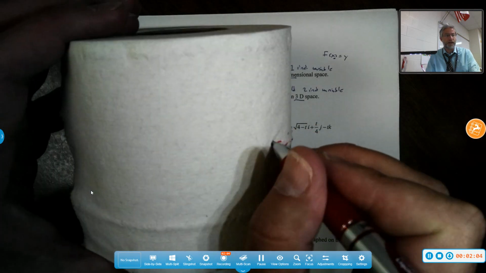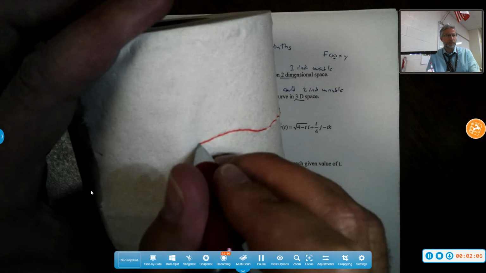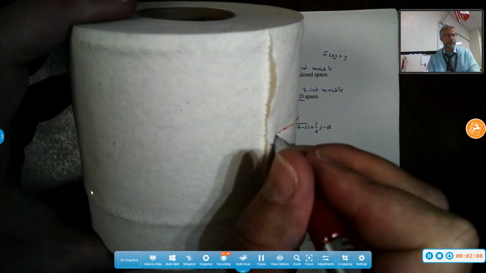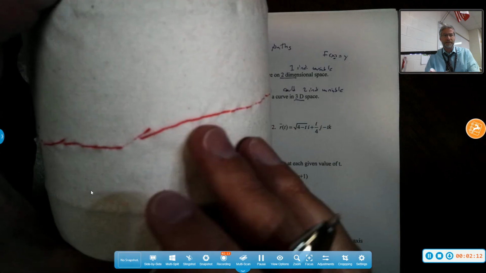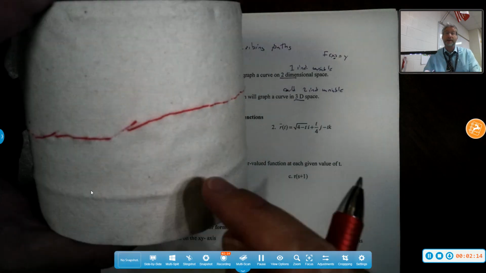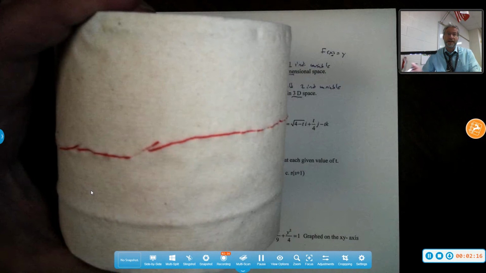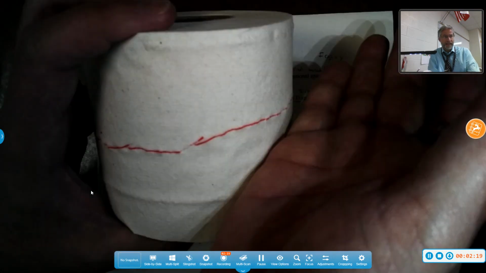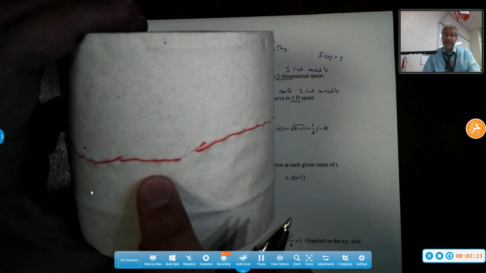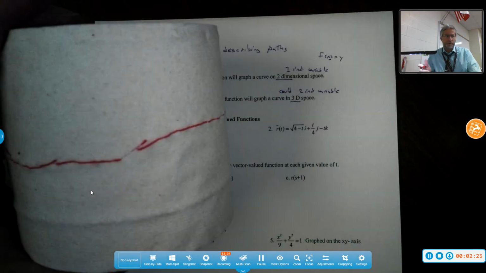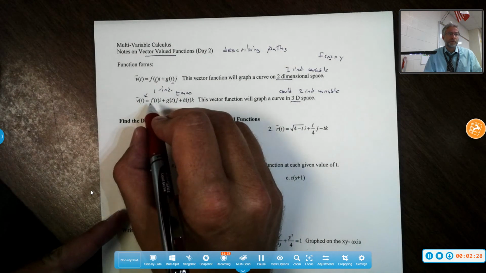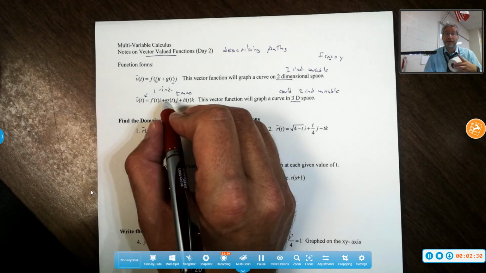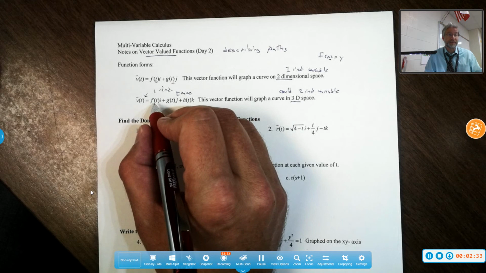Yeah, I'm drawing a line on this toilet paper roll, all the way around. Now this line is a trace. Somewhere on the cylinder, it's kind of like I took a plane and cut it. That trace is that line on this toilet paper. In a vector or parametric form, we can represent that trace by using one independent variable, in this case, t.